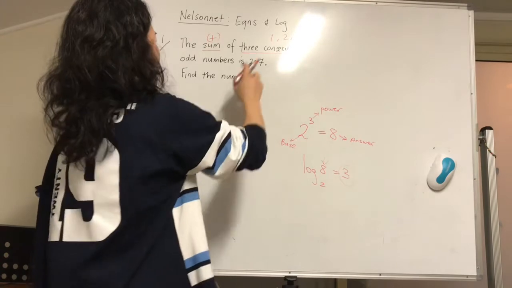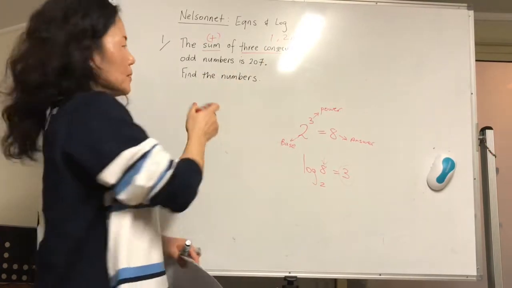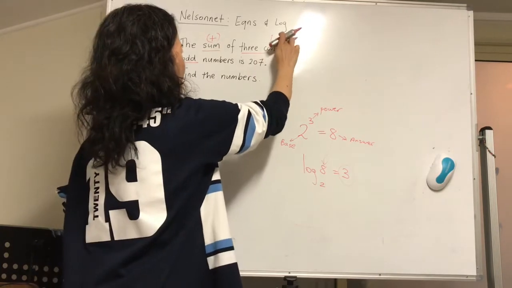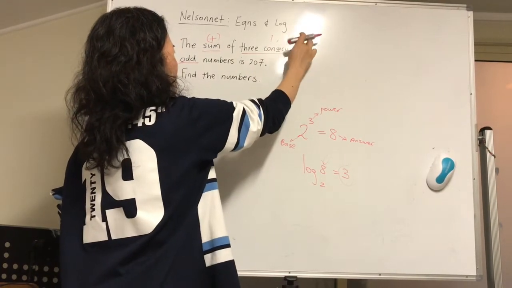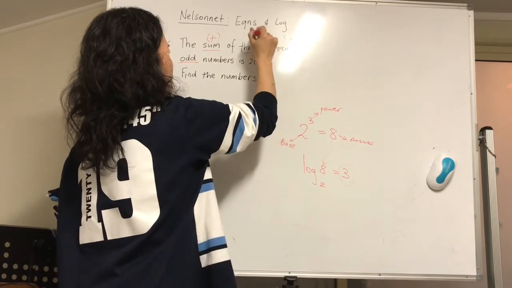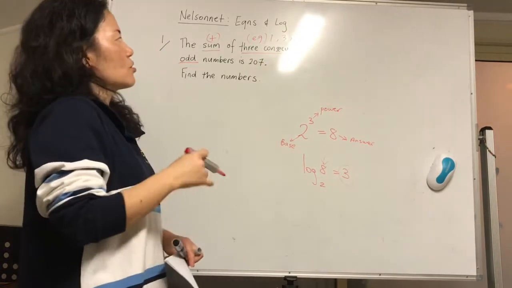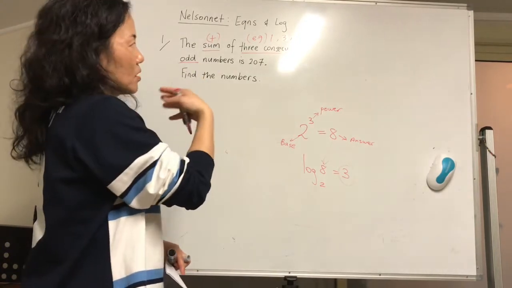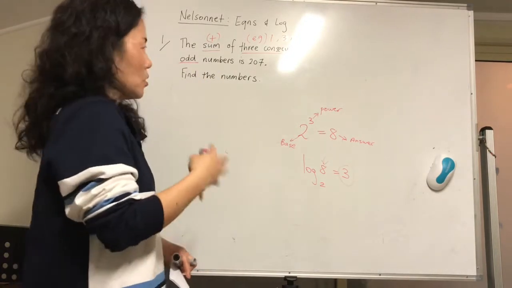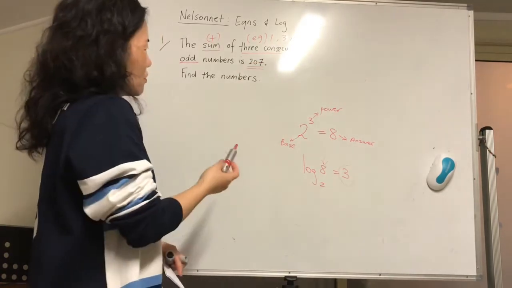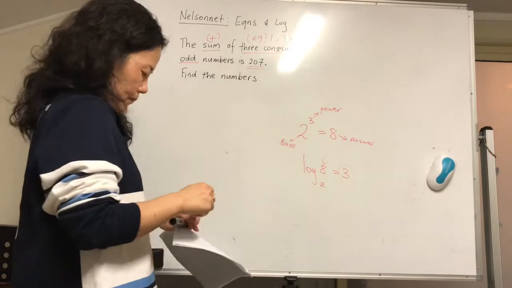But it can't be just 1, 2, 3 because they're odd numbers. So I'm going to say 1, 3, 5, for example. This is just an example. It's always nice to have numbers in your mind before you put any pronumerals or x and y in there. And its answer is 207, and we need to find those 3 numbers.